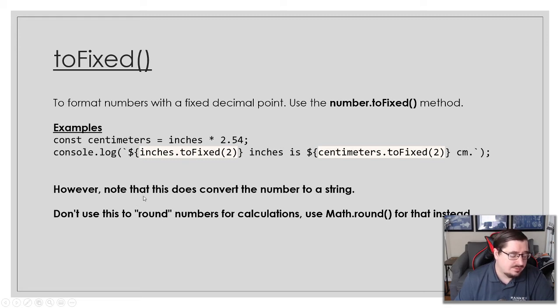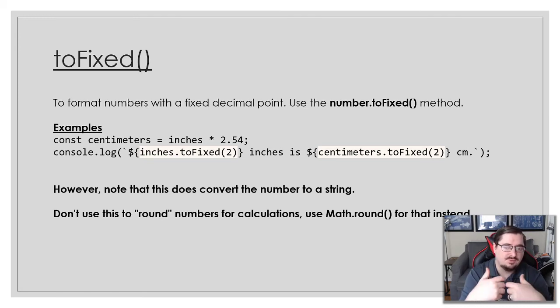Fair forewarning, this is not the method you want to use to round numbers if you're just trying to use it in a calculation. So if in the middle of a calculation I need to round to the hundredths or the tenths decimal place, whatever decimal place, use Math.round instead, because that will give you back a number instead of giving you back a string.